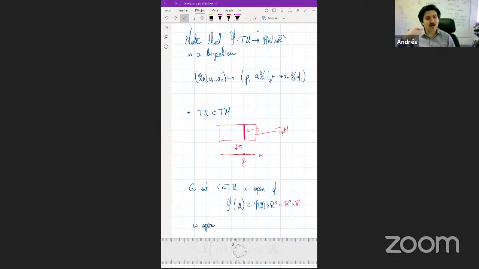Right? So now I'm going to try to put this smooth structure on TM. So far, if I take U's that cover M, the TU's will cover TM.